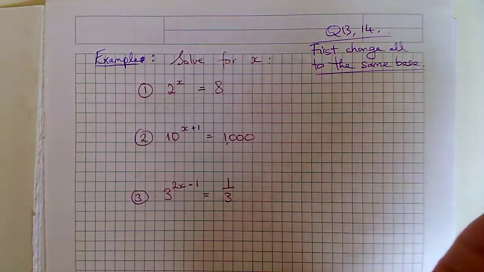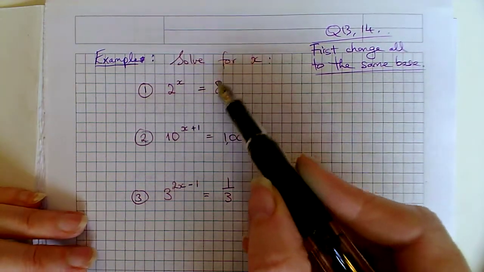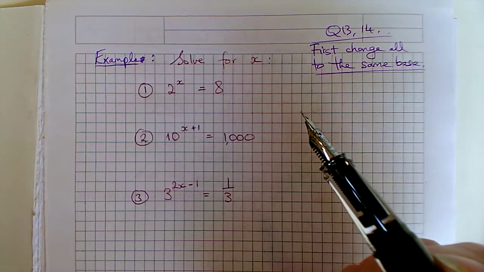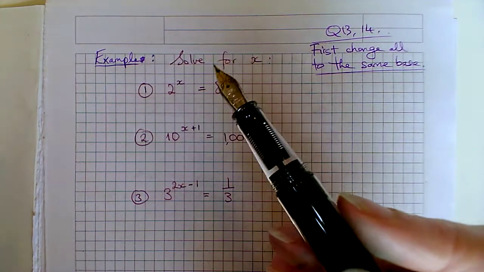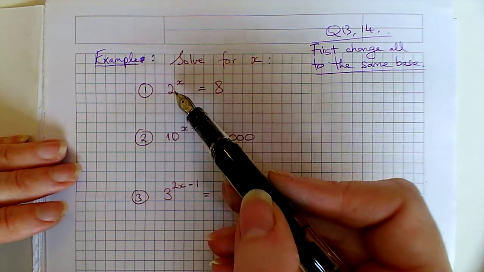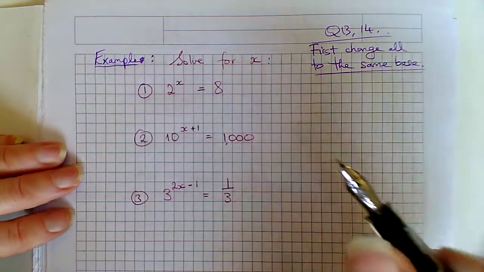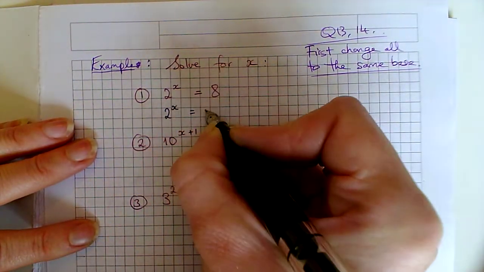Well, what base? Well, hopefully it's obvious because you've learned off your perfect cubes that we can write 8 as 2 to the power of 3. But if you weren't sure, could you write this as 8 to the power of something? Not easily, okay? So I'm going to write them both as 2 to the power of something.